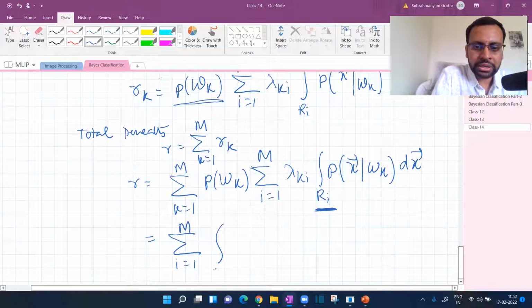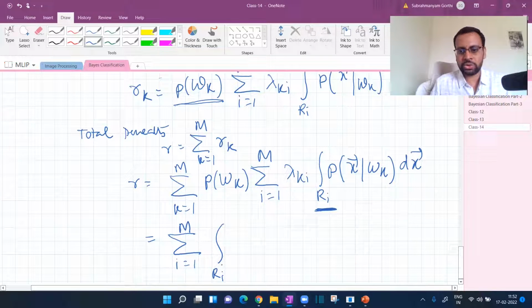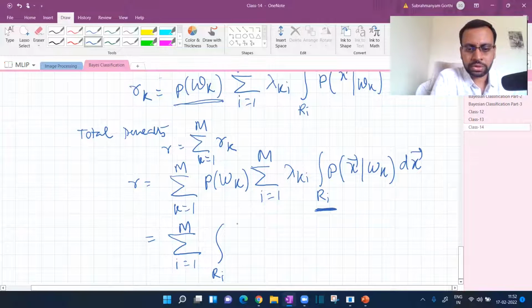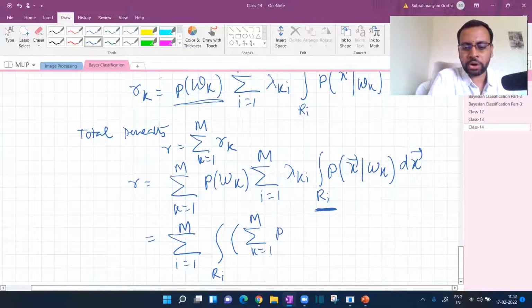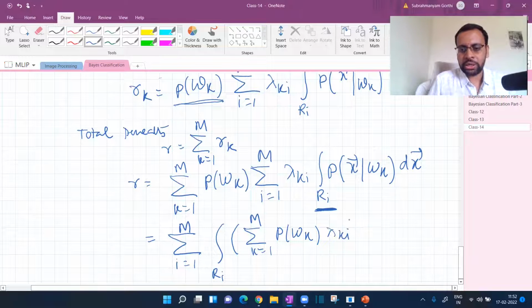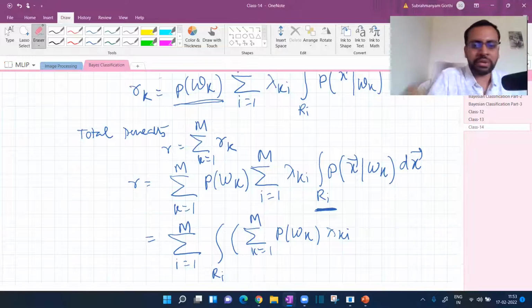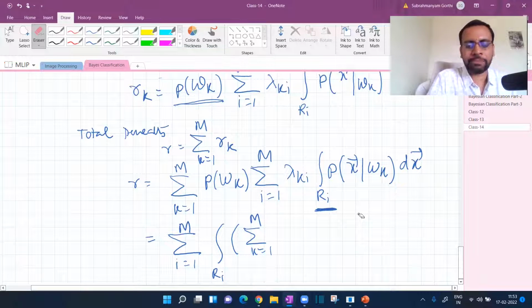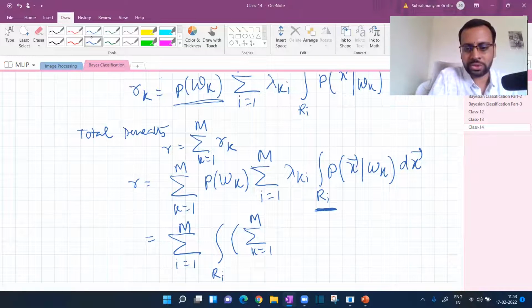The integral over Ri just depends on i, nothing to do with k. Within that, I would keep the summation k equal to 1 to m, then lambda ki, which is more like a weight you are giving.